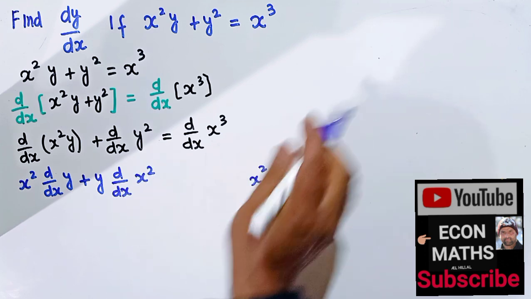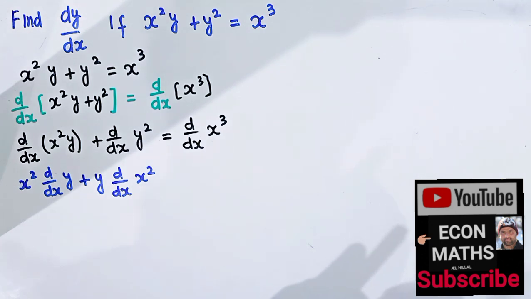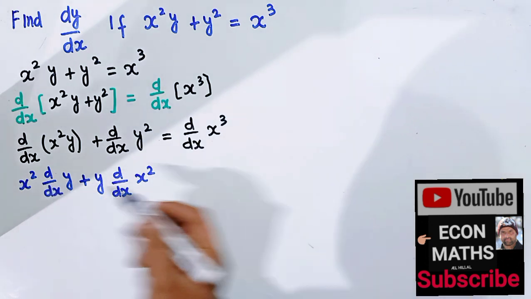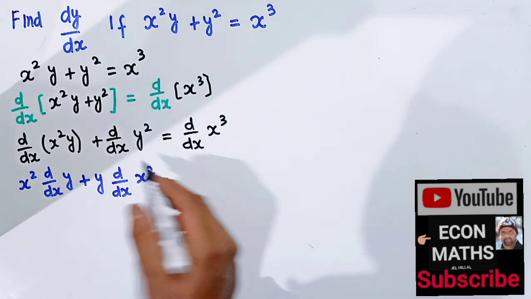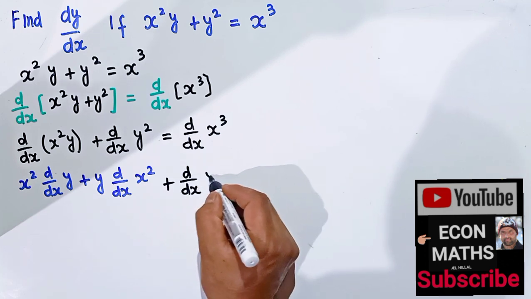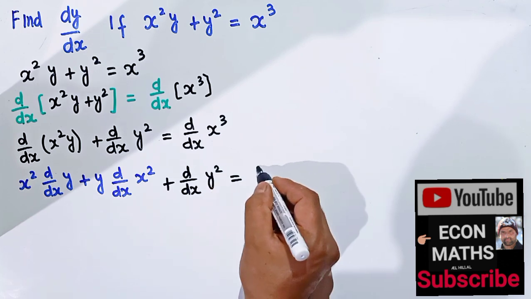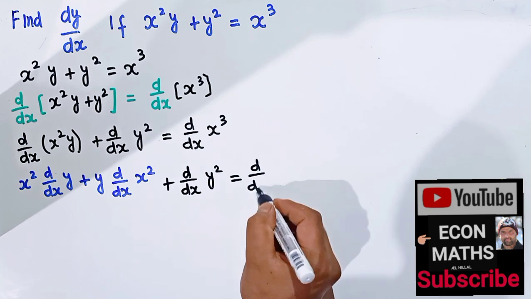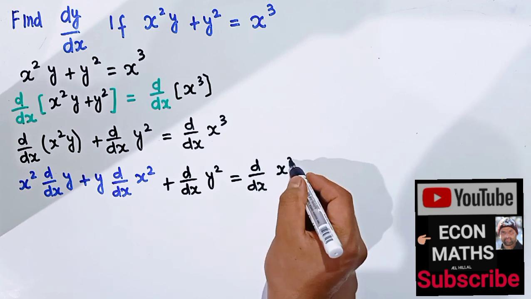So this is the product rule, plus we have to take the derivative d upon dx of y square, which should be equal to d upon dx of x cube.